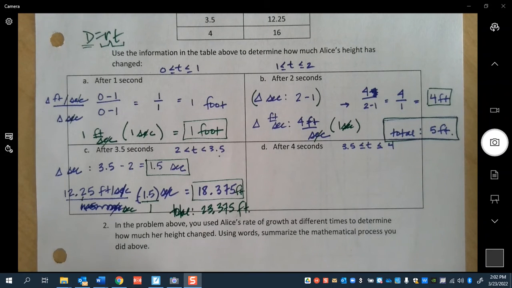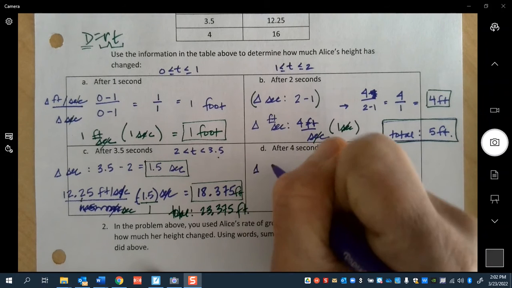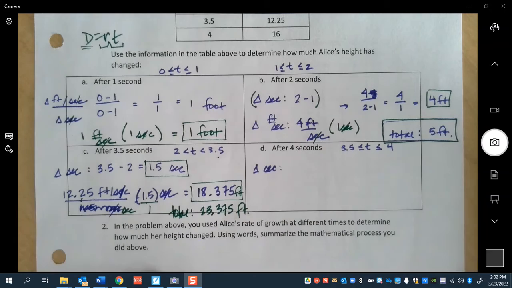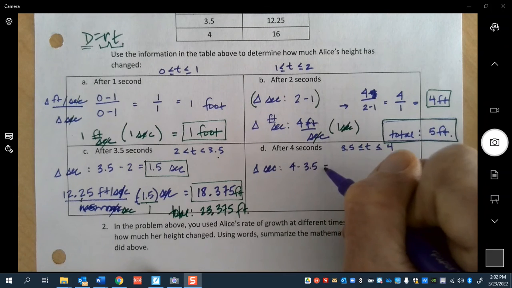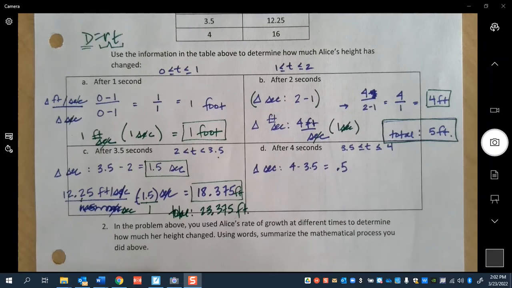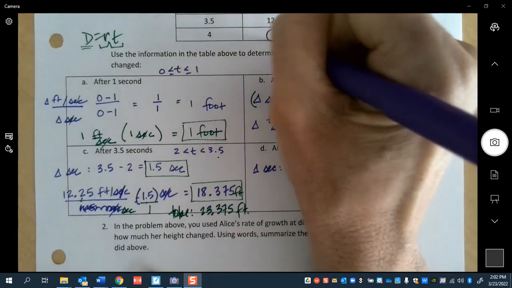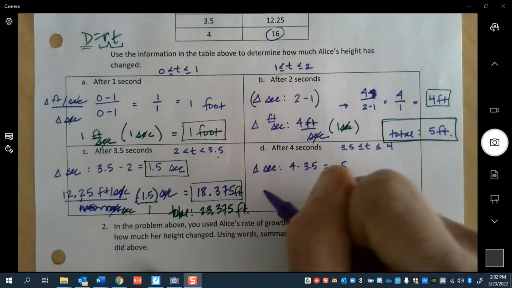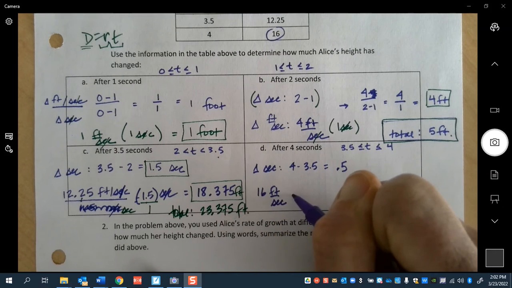So let's go back and do this one together. Our change in time, our change in seconds, from 4 to 3.5 seconds, that's half a second. During that half a second, she grew 16 feet. So 16 feet per second is her rate.